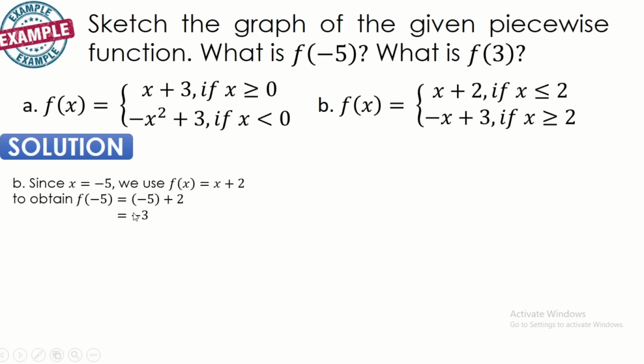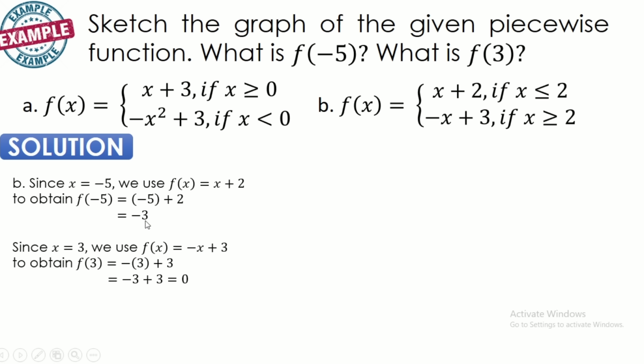Since the value, the first one is negative 5, isa-substitute lang natin yung negative 5 sa unang function, yung x plus 2. So, negative 5 plus 2, that is negative 3. Yung pangalawa, f of 3, substitute lang din natin dito. So, negative 3 plus 3. So, the answer is 0.